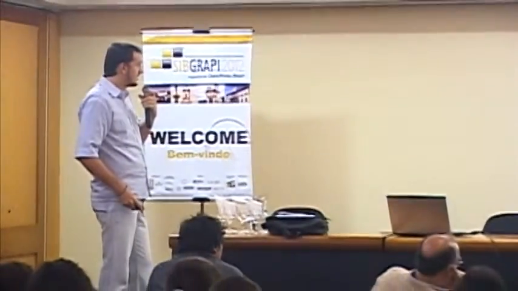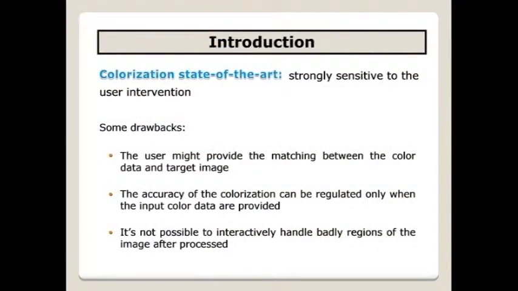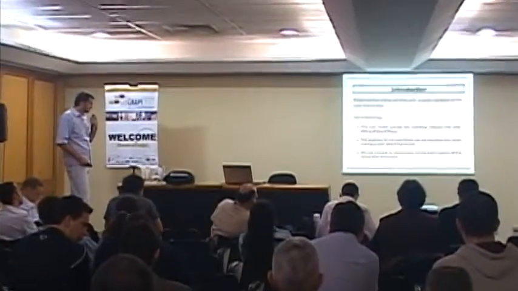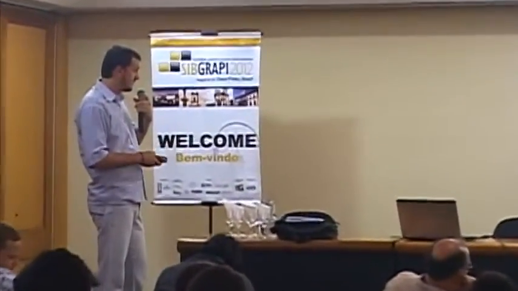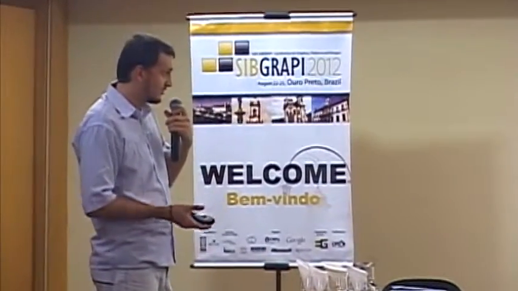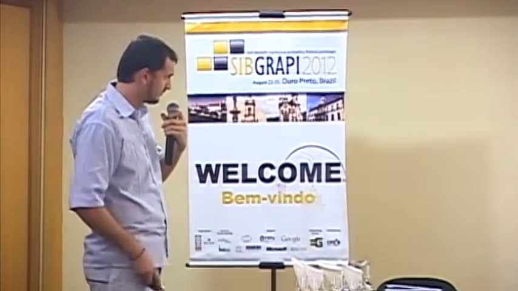But the colorization state of the art is strongly sensitive to user intervention. Some drawbacks: the user must provide the matching between the color data and the target image, the image to be colored.